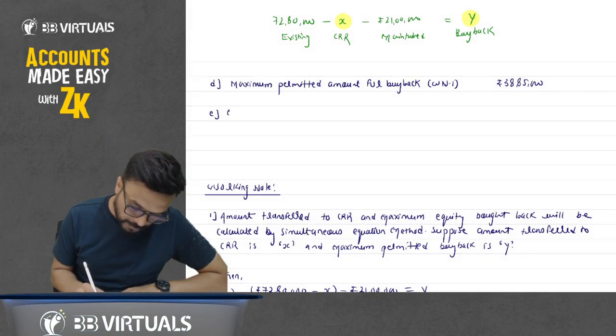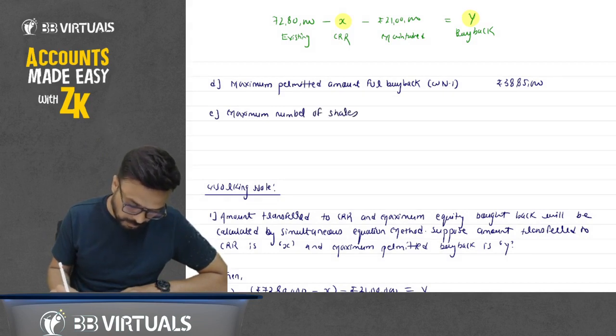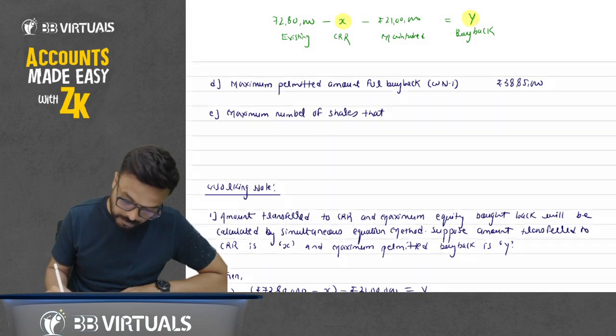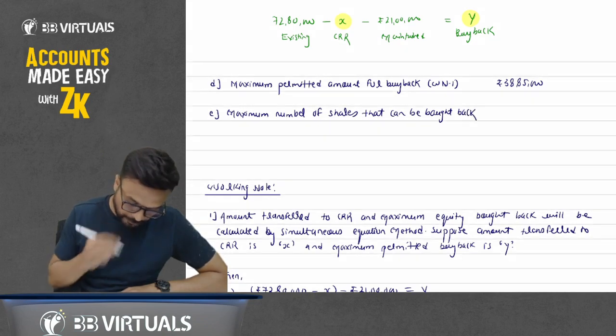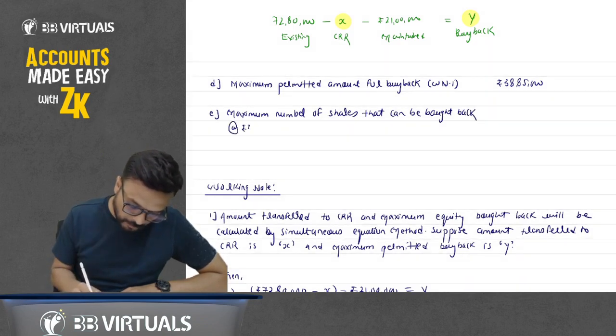Last point, maximum number of shares that can be bought back at the rate of rupees 30 per share.